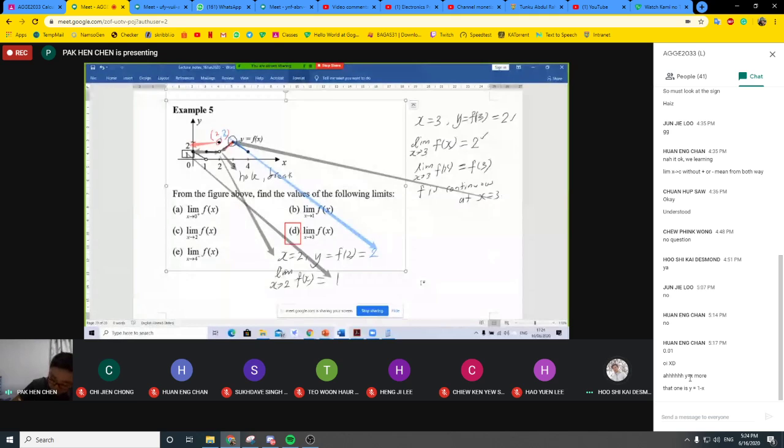So are they the same? Are they the same? 2 and 1 is the same? No. The limit as x approaches 2 of f(x) is not equal to f(2), isn't it? No, not equal. And therefore, f is not continuous. Understand?